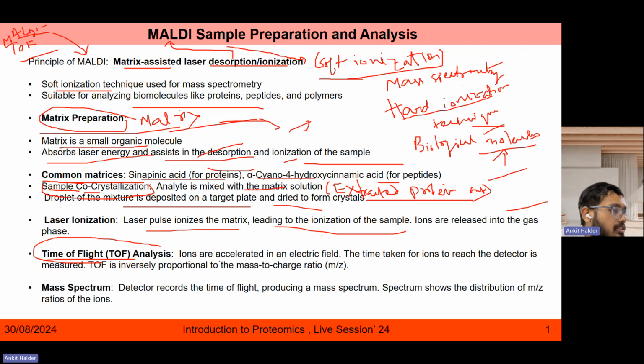So the ions are accelerated in the electric field, and the time taken for the ions to reach the detector is measured.